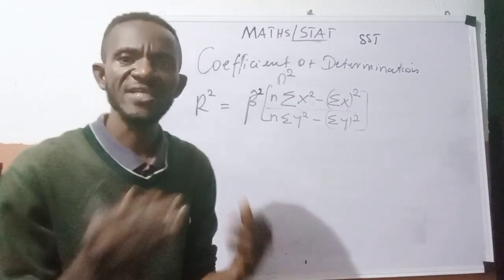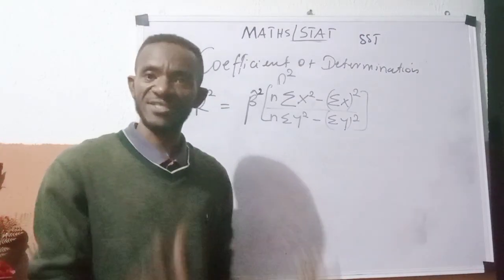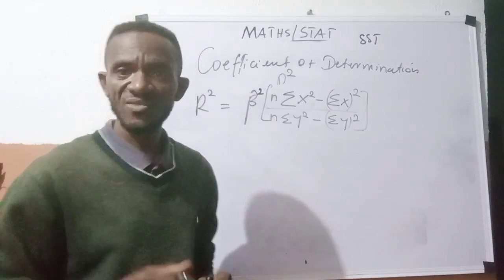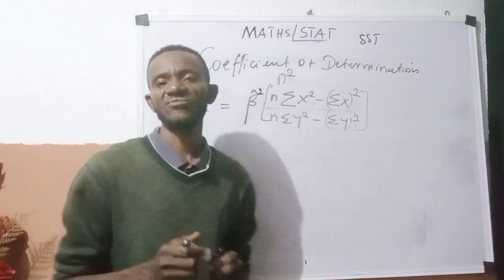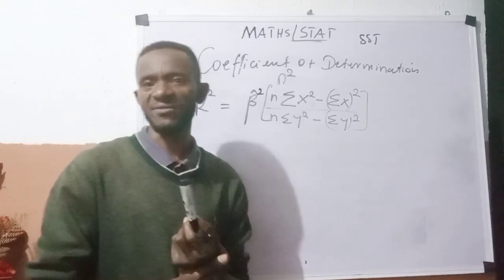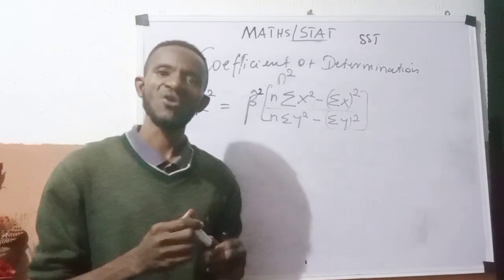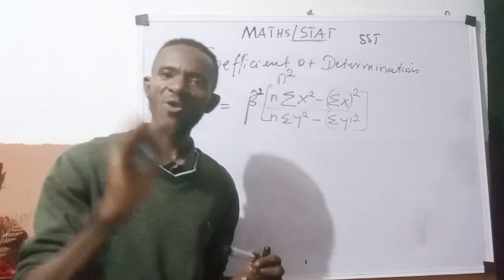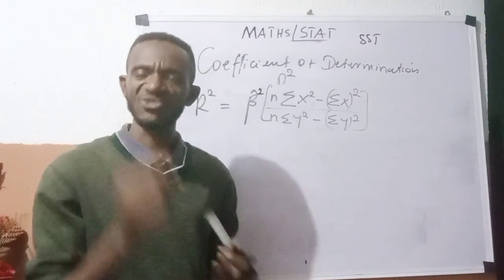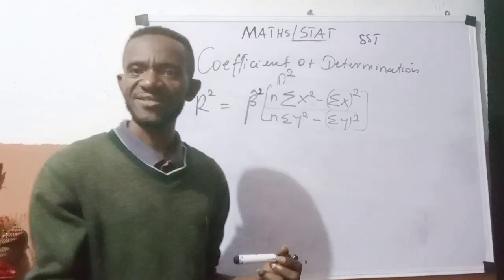So what are now the importance, or the properties, of our coefficient of determination? Number one, it helps us to determine the adequacy of our model, or to determine how well our model can predict the value of the dependent variable. Number two, it is used as a goodness of fit test.